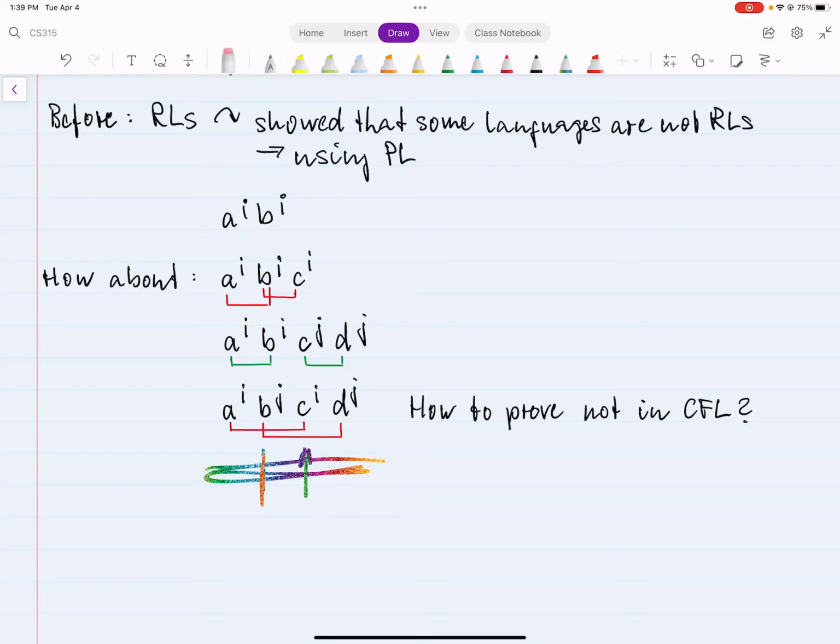So you could use the second stack to save the j's, and then when the d's come, you can match the d's with those symbols and you're good. But we don't have the second stack.